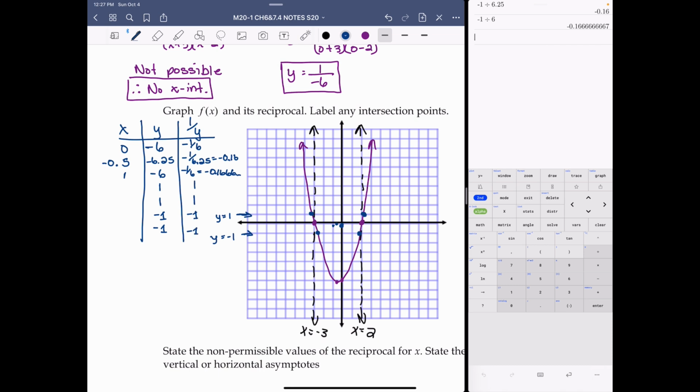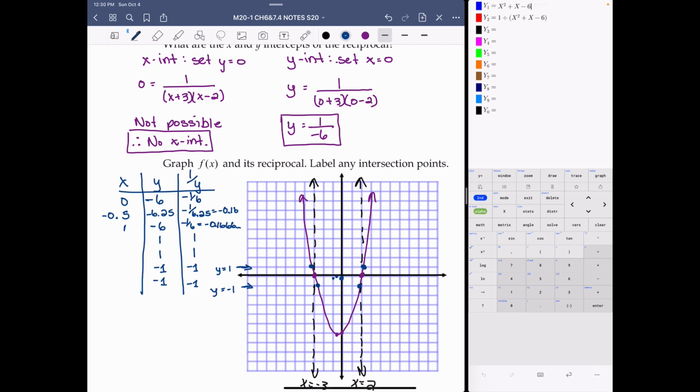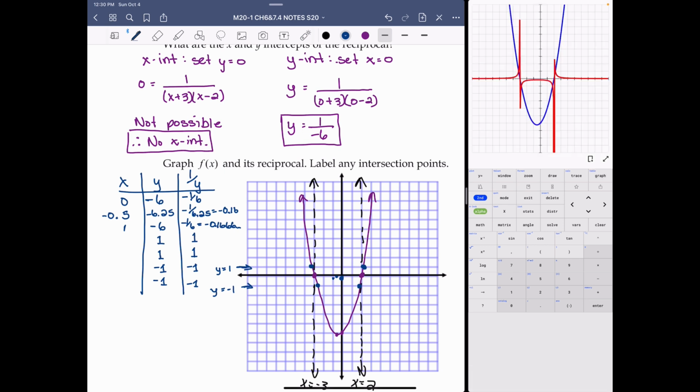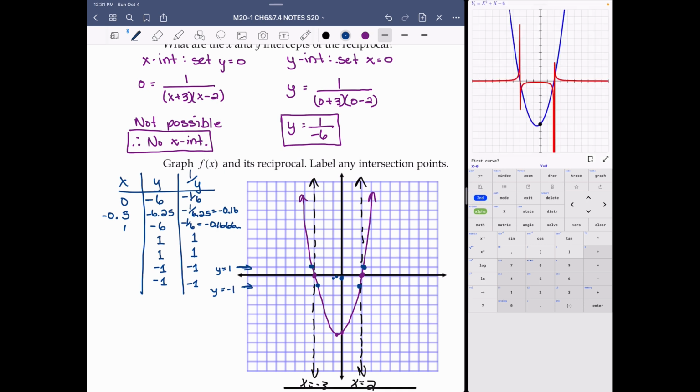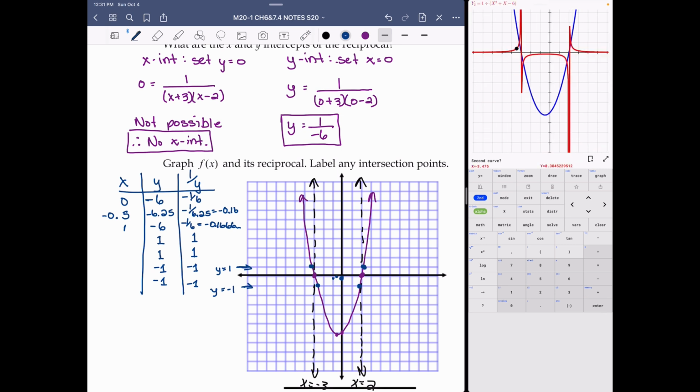So let's find the x values. We can use our graphing calculator to help us find the intersection points, which would be the points where y is equal to 1 and where y is equal to -1. So we graph both functions, and then we do the intersection, second trace, number 5. I want to be close to one of my points, hit enter, jump to the other graph, close to one of my points, hit enter again.